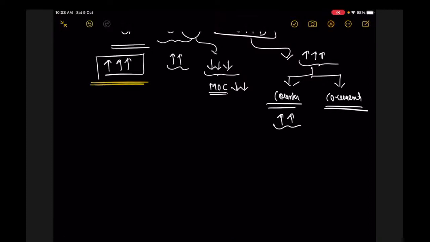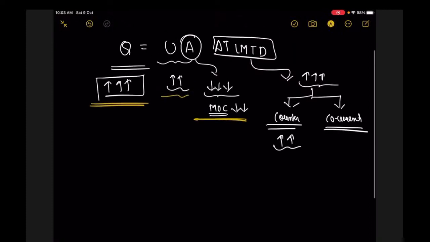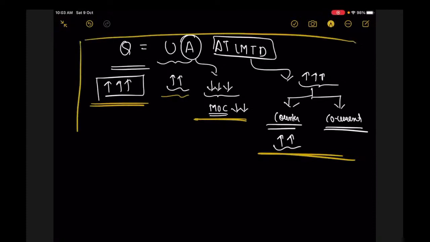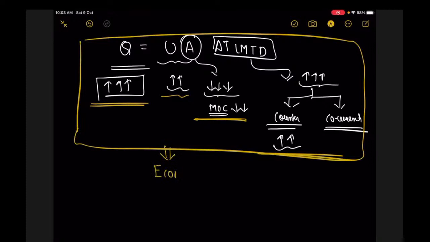Okay, q is increased, u is increased, area is decreased, and LMTD is increased. If we follow these parameters, we will get an economical heat exchanger.